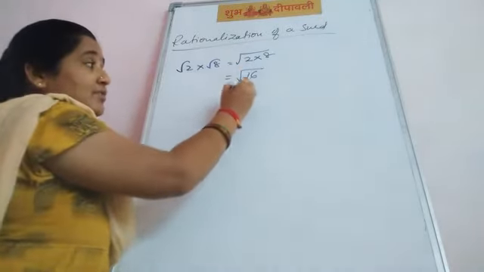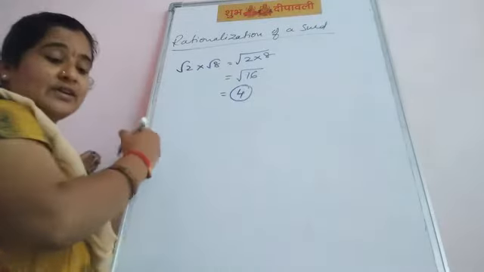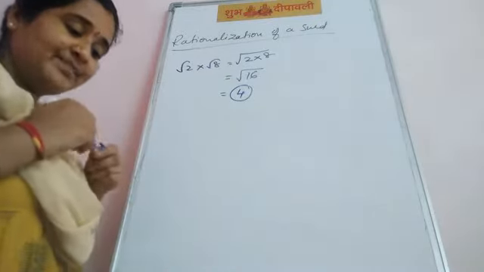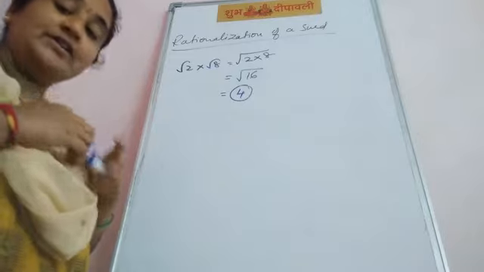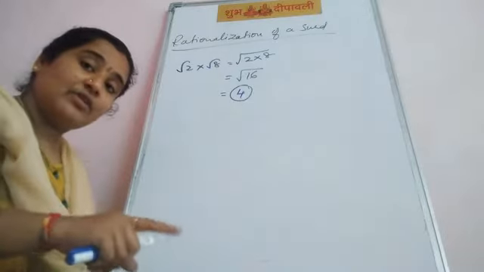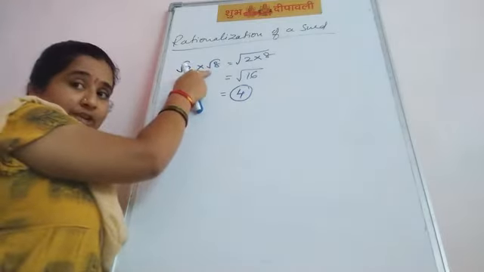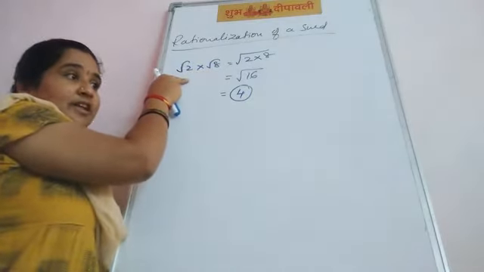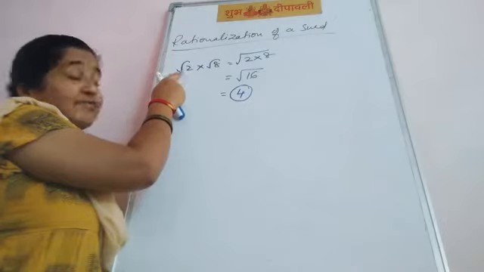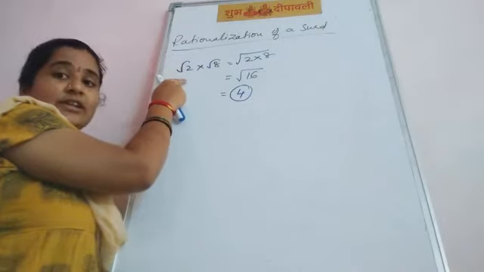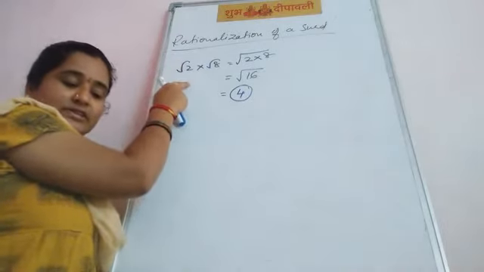Square root of 16 is 4. We got a rational number. He explained, each surd is called a rationalizing factor of the other surd. Here, root 2 is the rationalizing factor of root 8 and root 8 is the rationalizing factor of root 2. That is the rationalization of the surd.